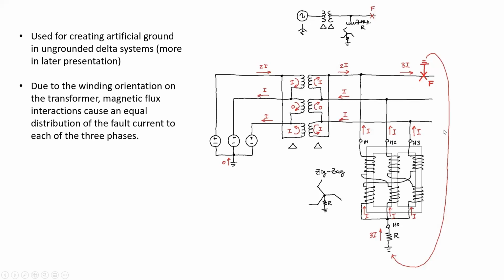And so we can see without this zigzag transformer, this connection to ground or accidental fault would not have any current flowing and would instead cause a series of spiking voltages that could start to degrade or destroy the insulation on the conductors.